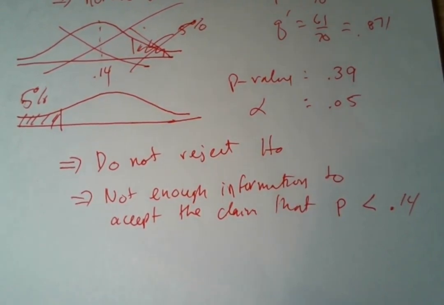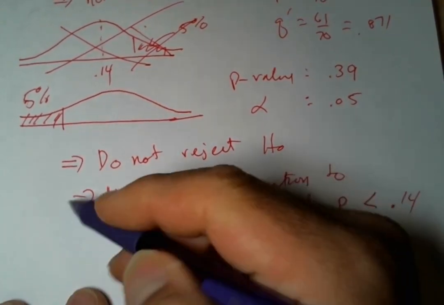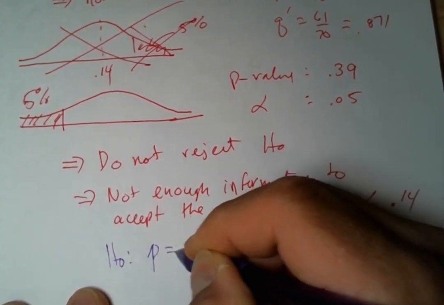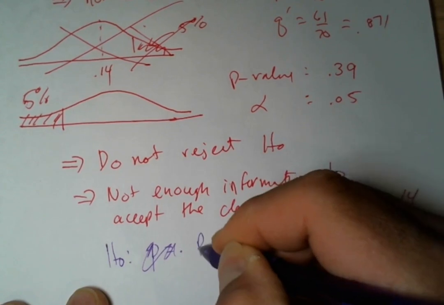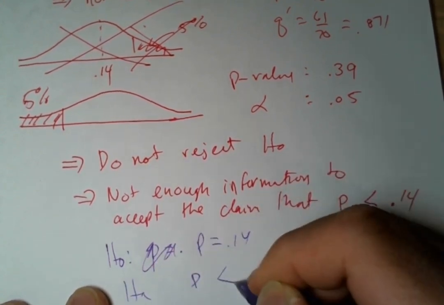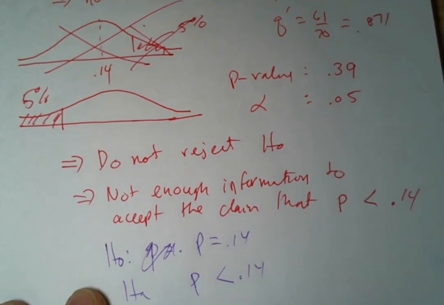Okay, so actually I should have done this at the top. H0: p equals 0.14. HA: p is less than 0.14.